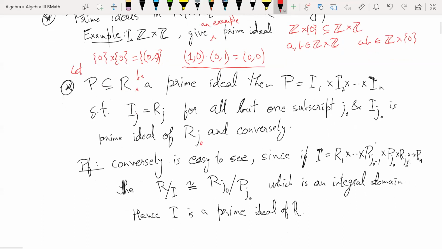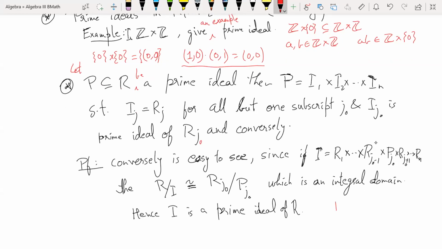Let me just tell you what this isomorphism is. You want to give a map from R to R_j0 mod P_j0, which will be an isomorphism. First is this projection, which we called little p last time, in yesterday's class. You have the projection onto the j0 factor.